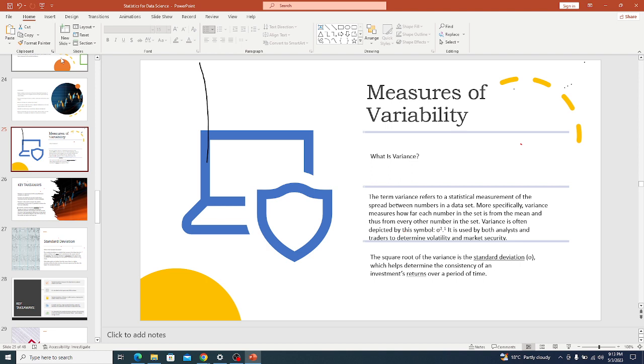When we talk about the middle, bear with me when calculating mean and median, their values are usually close to each other. Why? Because this is showing us the central value.